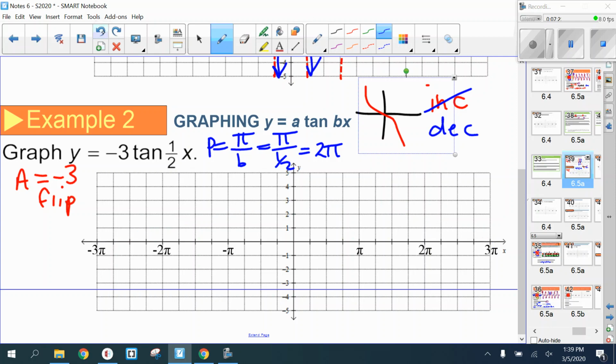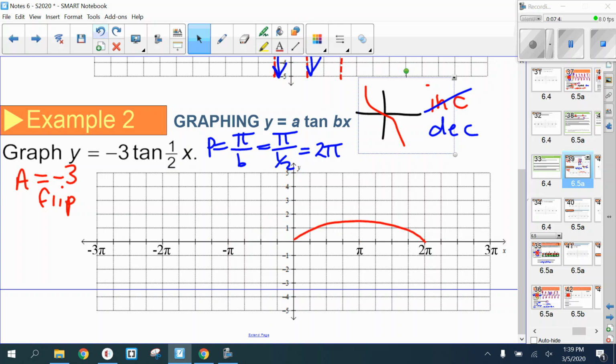Okay? But think about it. We've memorized that tangent goes through the origin, or it's centered at the origin. So if you think about it, a period of 2 pi is how many tick marks? 8, right? 8. So if we're centered at the origin, that means half of them have to be on the left and half of them have to be on the right.